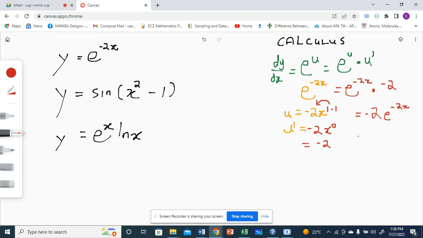And we can properly put it like this: negative 2 over e to the power 2x, because once it comes to the denominator, it becomes positive. Any questions, queries, clarifications?